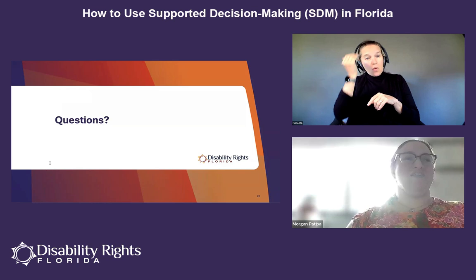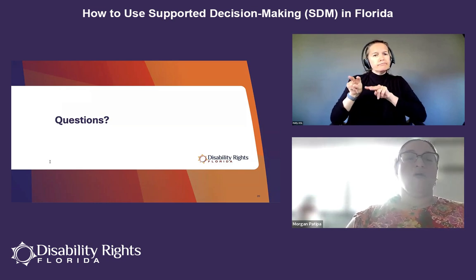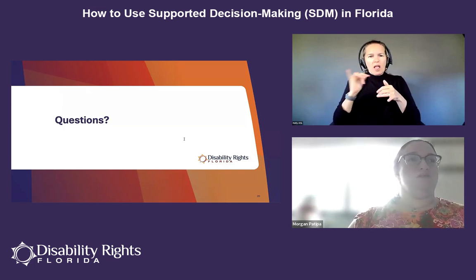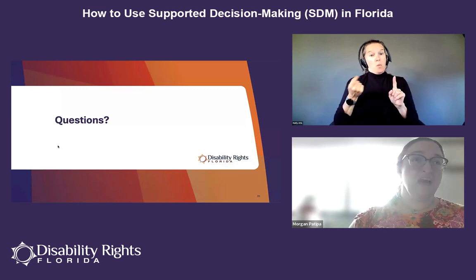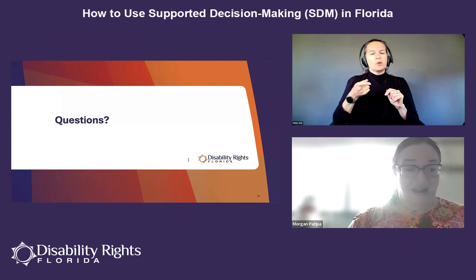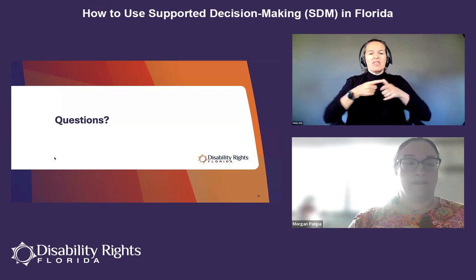But as far as the court system is concerned, as far as we know, and obviously we're keeping tabs on the developments with this and how it evolves, if you feel that you need to use SDM in a court setting, that is something that you would go and present to the court.